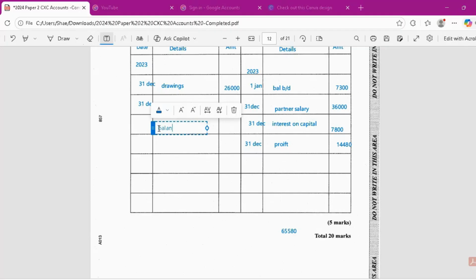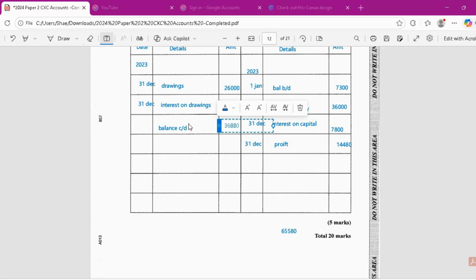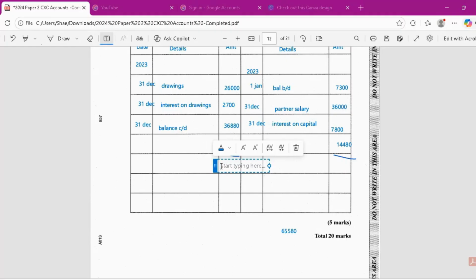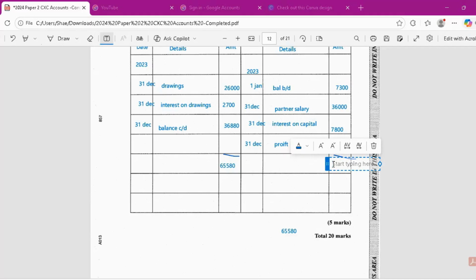Subtract the smaller side from the larger side and put the balance or the difference on the smaller side. So now both sides will be equal because we would have just balanced off both sides. So we have 65,580 on both sides. So now remember that this partner will start with this new amount for the new year.